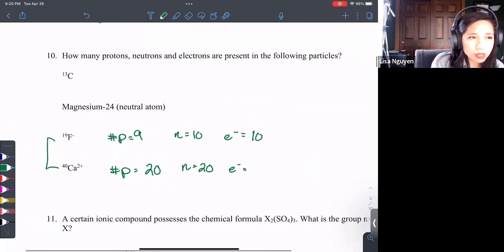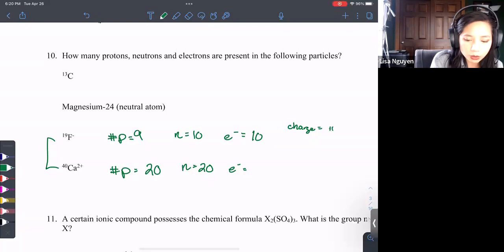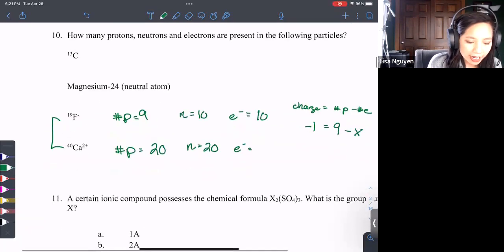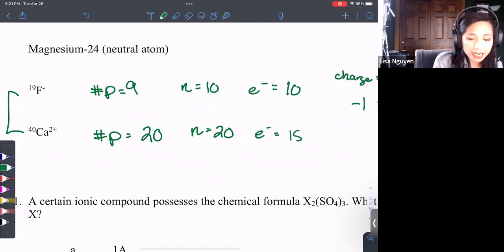But you can also use the equation on the key, that the charge of the thing you're looking at is equal to the number of protons minus the number of electrons, and you'll get the same answer: -1 equals 9 minus X, so X is 10 here. And for calcium, it's a 2+ cation, so there are 2 fewer electrons to balance out the protons, so there's 18.